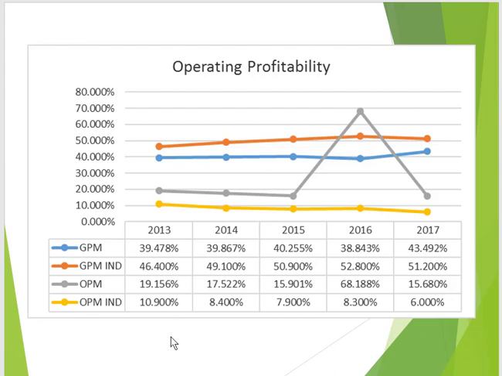So let's look at operations of the business, right? The blue is gross profit margin. That's the company. The orange is the industry. And we can see for this company, the industry, although the numbers are very flat, they don't change much.